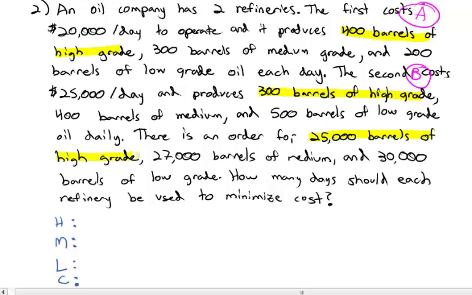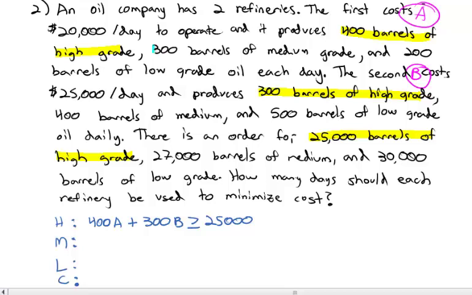So 400 from Refinery A and 300 from Refinery B has to be greater than or equal to 25,000. We say greater than or equal to because if we make extra oil, that's okay, but we need at least this much to satisfy the purchase request.